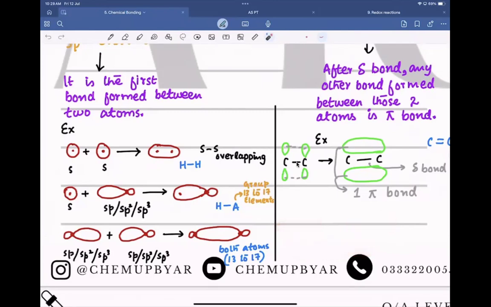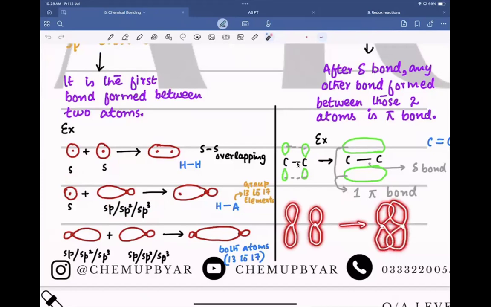In a sigma bond there is no p orbital involved in this way; either an s orbital is involved or these hybrid orbitals are involved. Over here, this is one p and this is another p. After overlapping, their lobes from the top get overlapped and their lobes from the bottom get overlapped in this way. The green clouds represent these two.